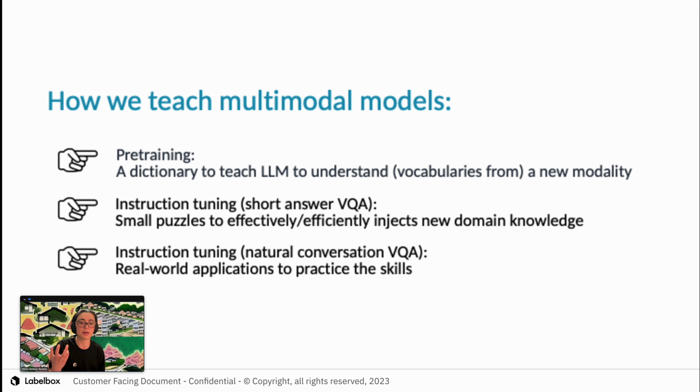It's like giving the model short quizzes to ensure it understands specific aspects of the data it learned during pre-training. And finally, natural conversation VQA is like practicing language skills by having real conversations rather than just answering short questions on Duolingo. You actually have a conversation with a native Spanish speaker if you're learning Spanish.